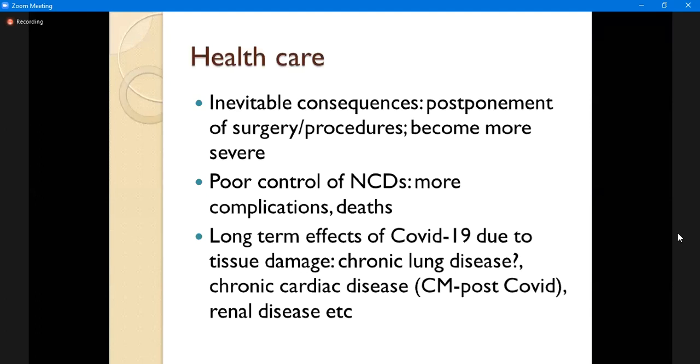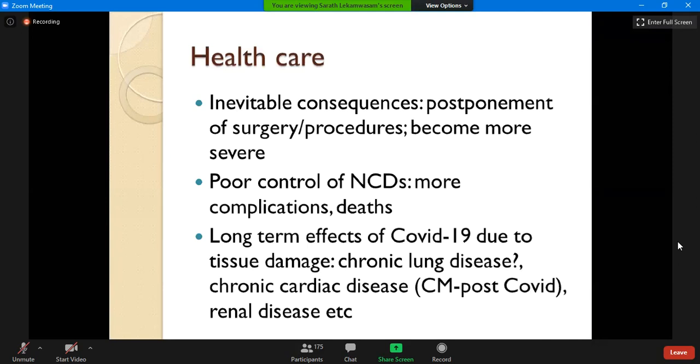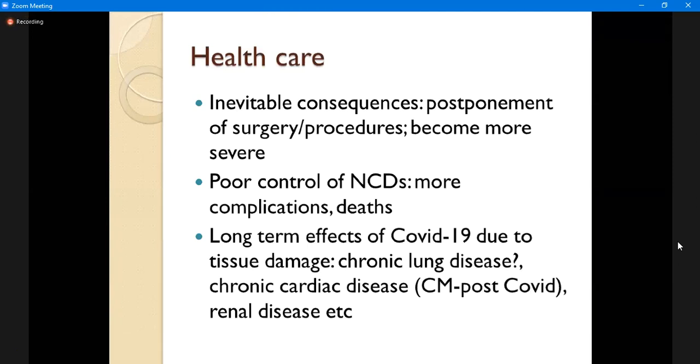Certainly one that people are really thinking about is chronic lung disease. And it is not completely a pneumonia. It is a tissue destruction due to thrombosis within the vasculature, as I understand. That kind of tissue damage would certainly cause certain problems in the years to come.